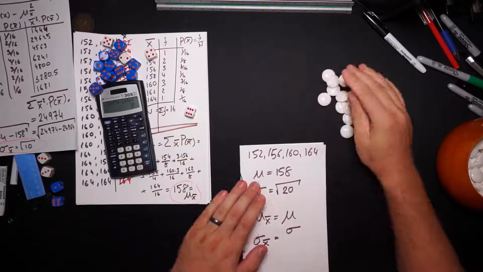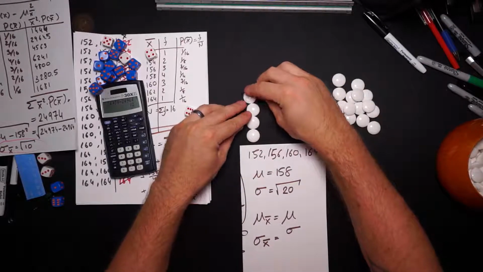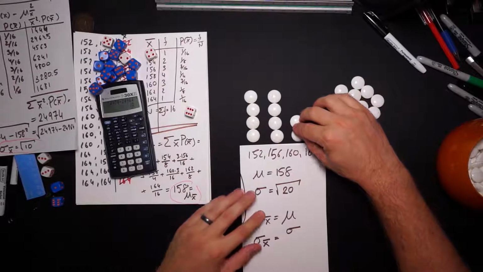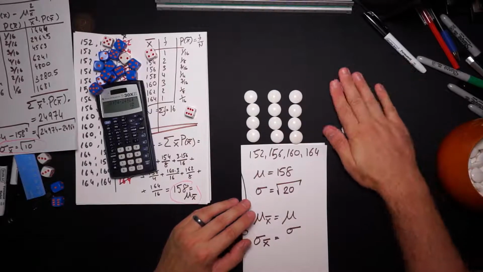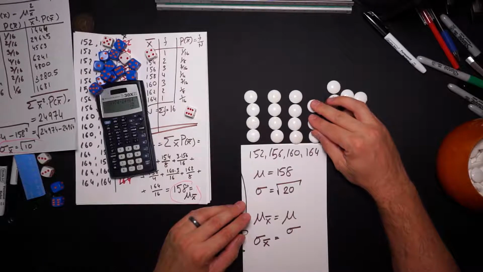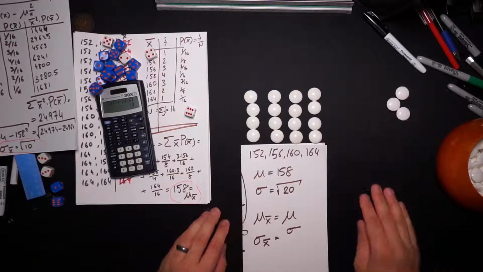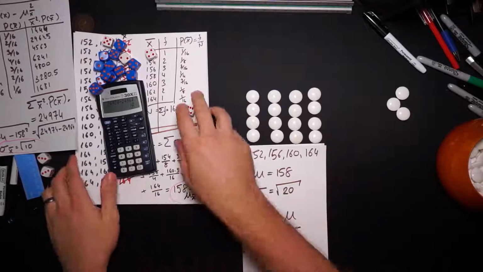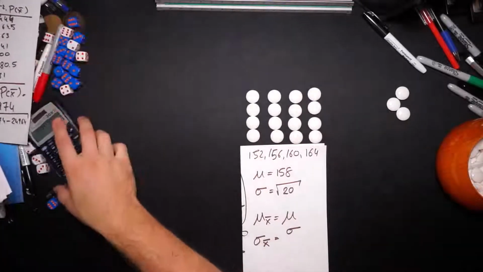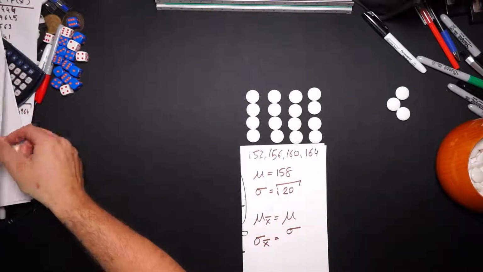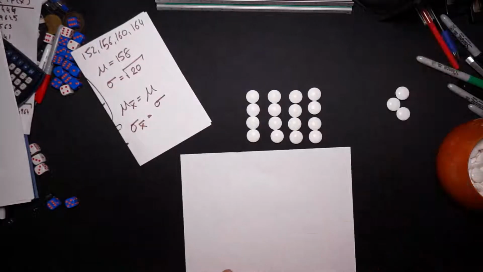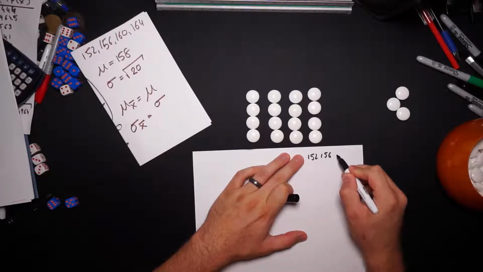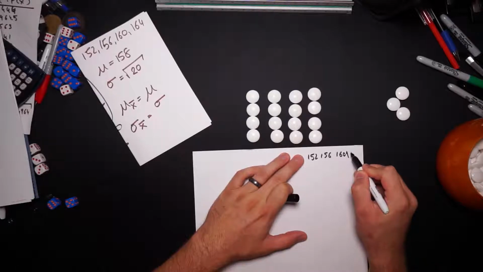This is the part of statistics I absolutely love, the visuals. You don't get enough of them in teaching. So here you go. Each one of those white stones represents a frequency. So there are our frequencies for 152, 156, 160, and 164.